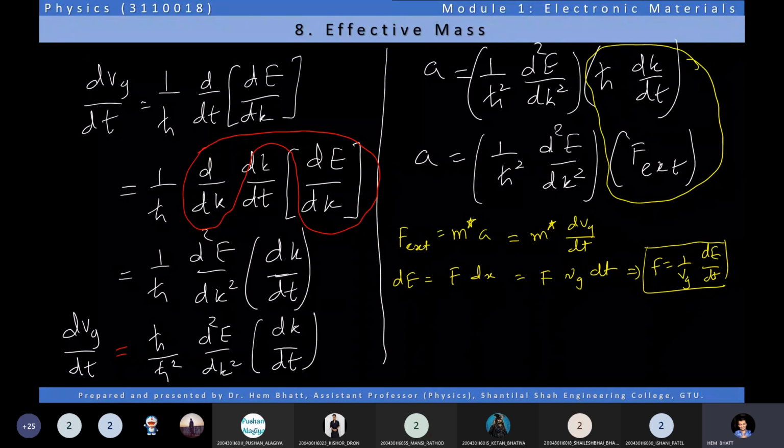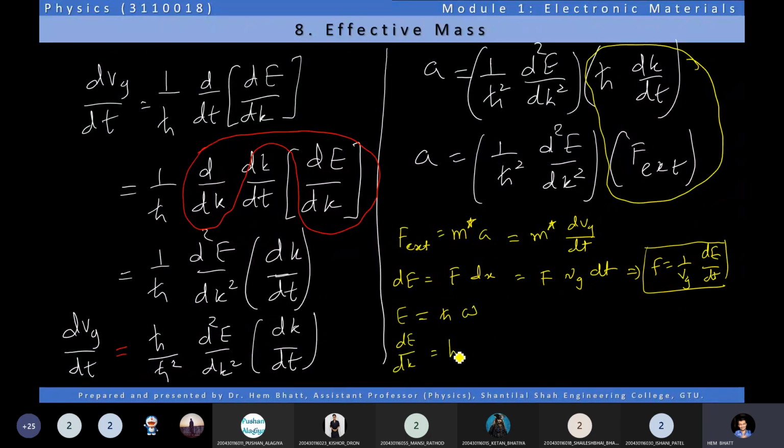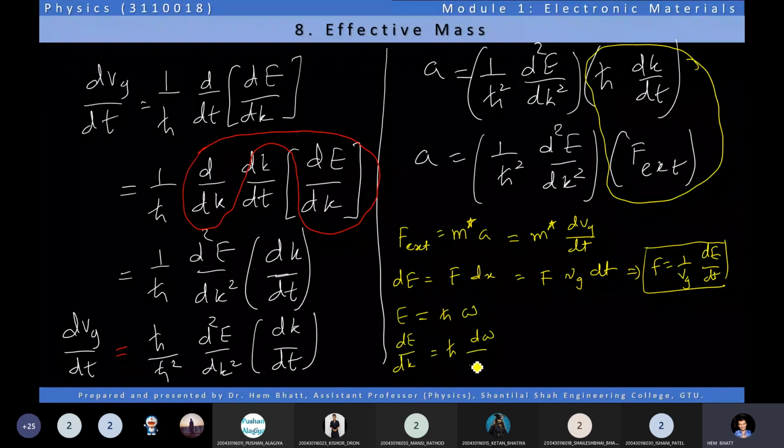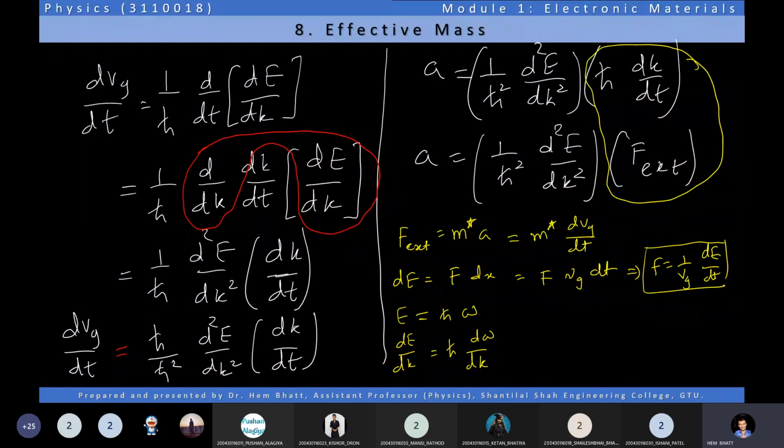Now we know that energy is h cut omega, and then dE by dk is h cut d omega by dk. So you can always relate this formula here. Again, if you take d by dt on both sides, you will get something.